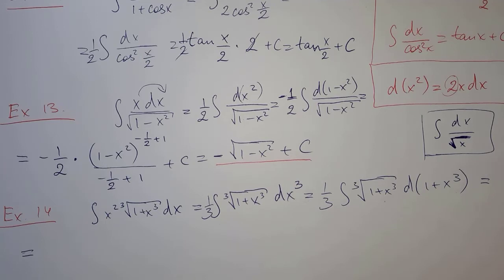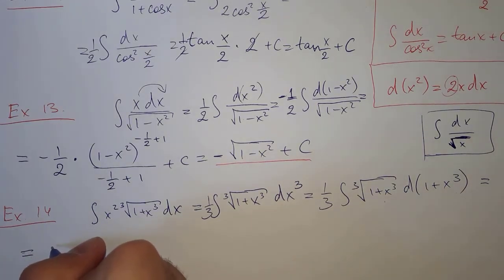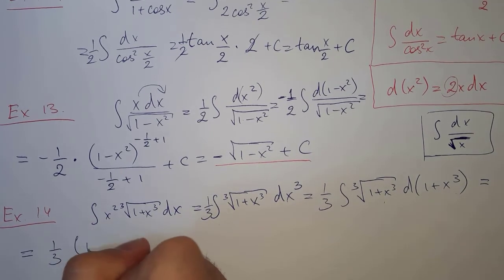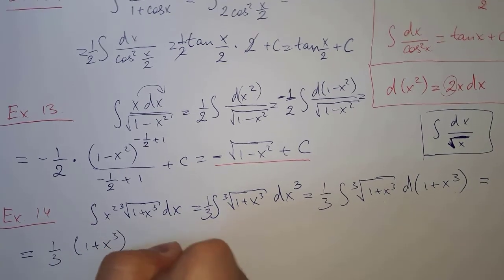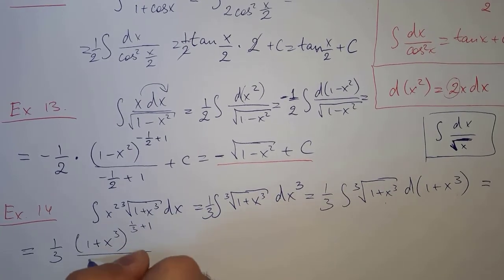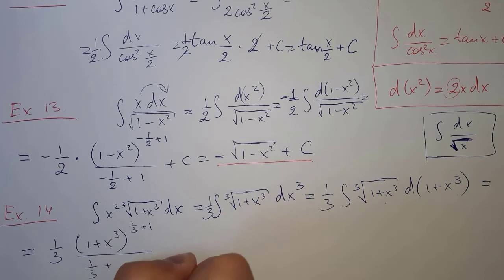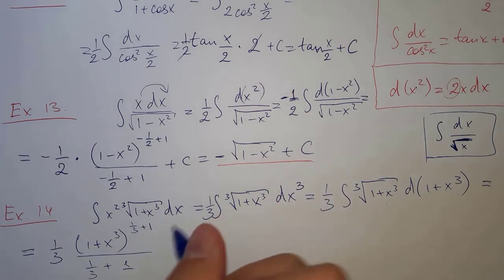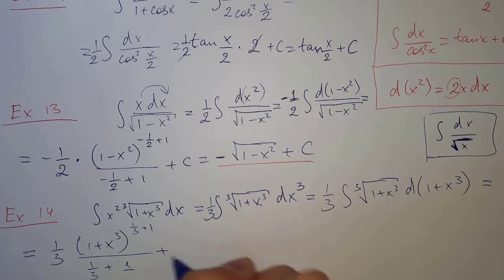So here we have 1 plus 1 over 3, that is, 1 plus x cubed to the power 1 over 3 plus 1, which gives us 4 over 3 plus c, of course.